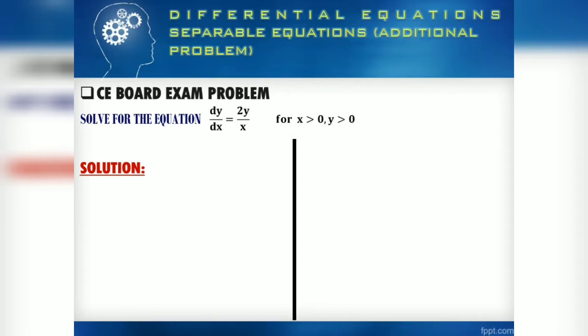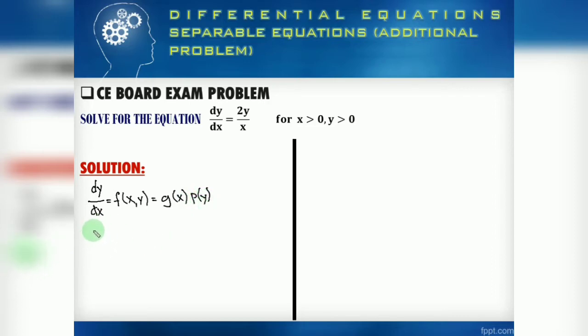is greater than 0. First, we need to determine if the given equation satisfies the standard form of a separable equation, in which, as you can still remember, dy over dx is equal to a function of x and y, in the form j as a function of x times p as a function of y.